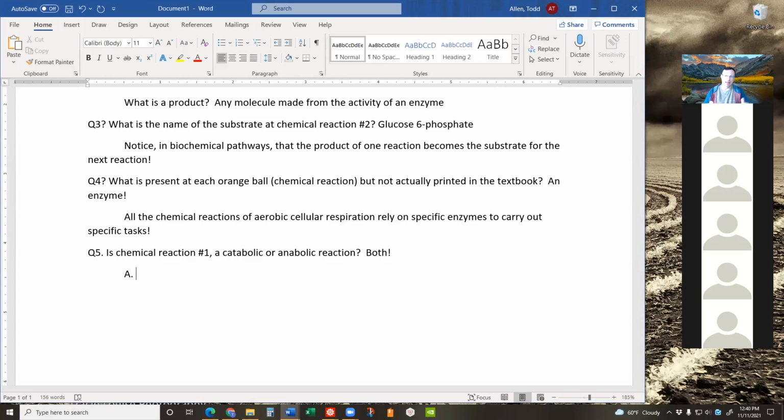An anabolic reaction is one in which we synthesize something that hasn't existed before, right? Think about anabolic steroids. We build things, we make things. So in chemical reaction 1, isn't it true that at the end of chemical reaction 1, we have glucose 6-phosphate? So glucose 6-phosphate is made, which means chemical reaction number 1 is an anabolic reaction from that perspective.